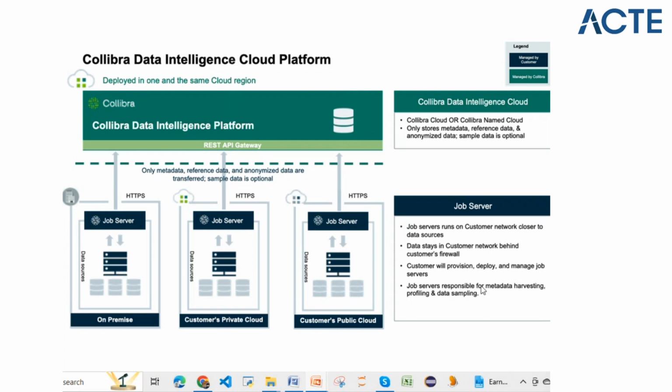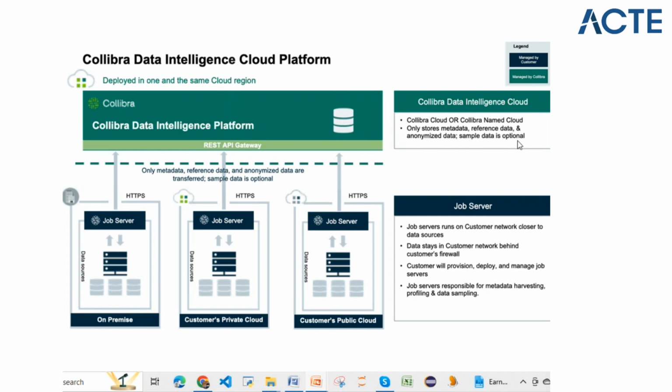It will get the metadata information, profiling and data sampling. The metadata information, the column names, the table names, everything will be stored in the job server, and then from there the job server will be ingesting into Collibra's Data Intelligence Platform, that is Collibra DGC.